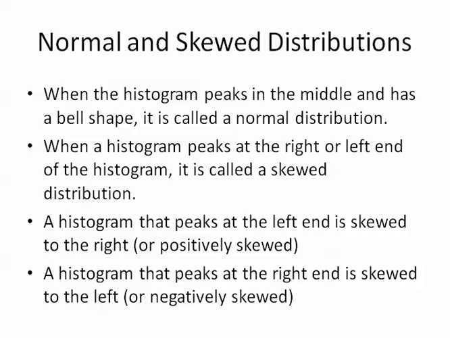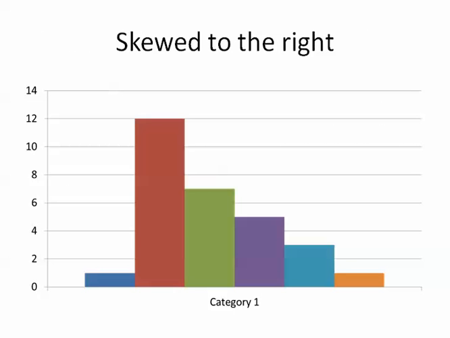Like I said, if it peaks at the left end and trails off to the right, it's skewed to the right. I was trying to think of an example of something that would follow this type of shape, and I was thinking about fast food employees, such as people who work at McDonald's or Burger King.